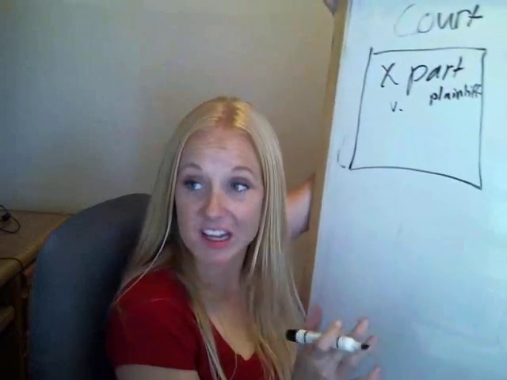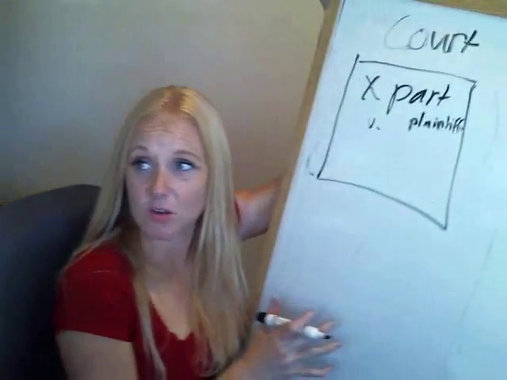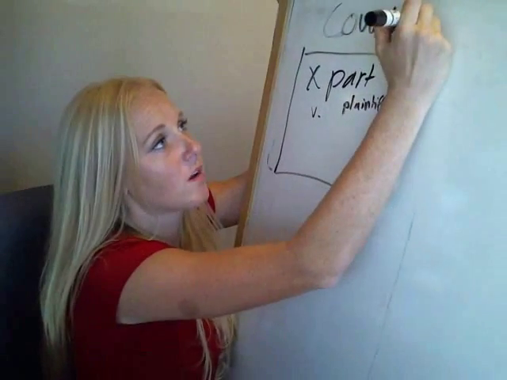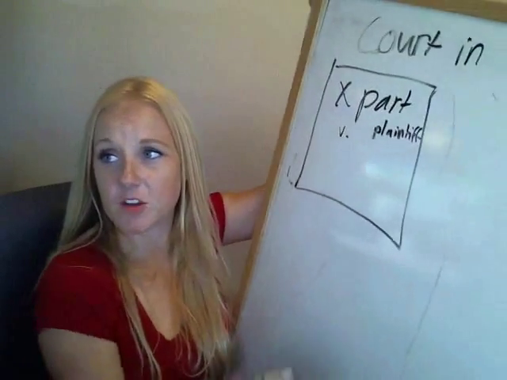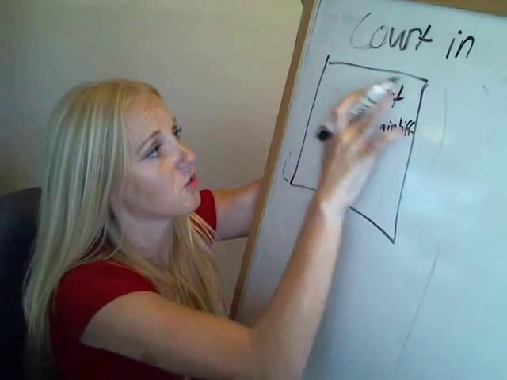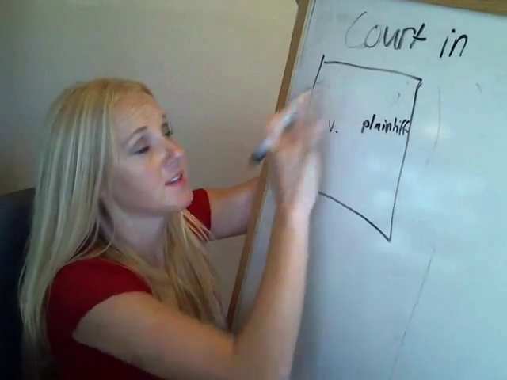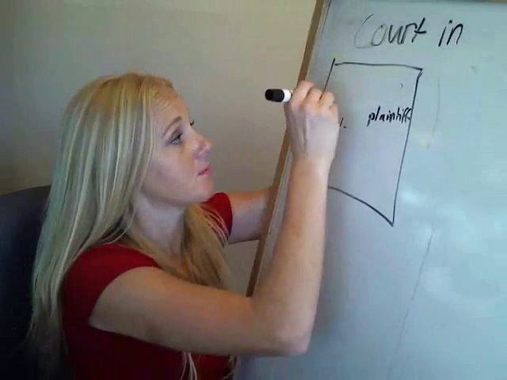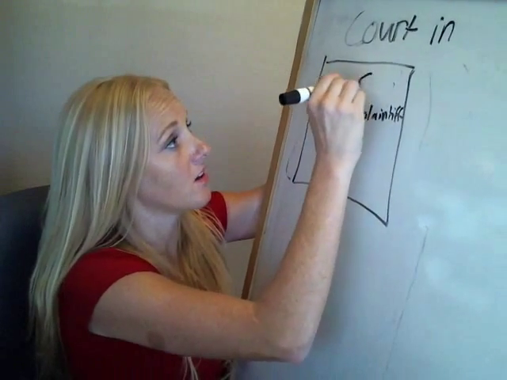Sorry, you can't see this very well. So this is the court that you are in. And then you'll have your one party. So in this case, we would have Mr. Bradley Smart, because again, Mr. Bradley Smart is the plaintiff here.